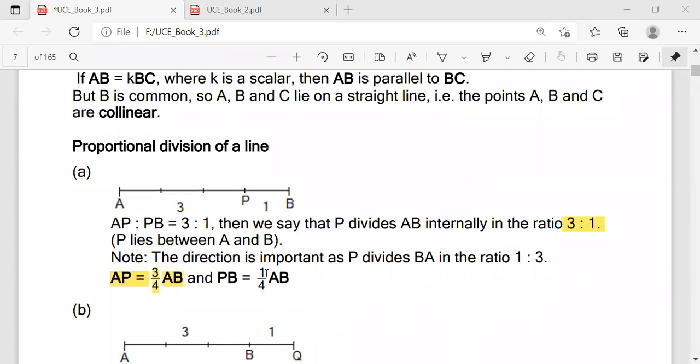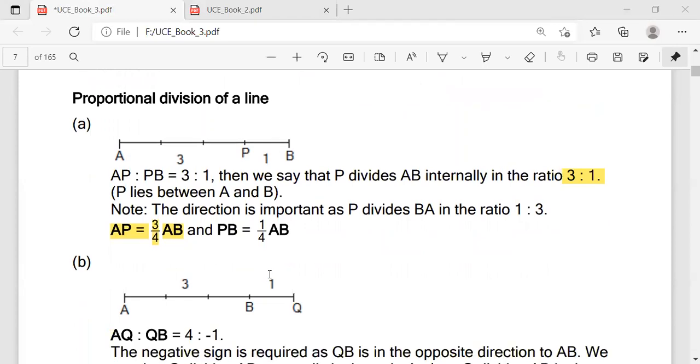All right. So someone can say, what if I say that AP and PB, can't I get the ratio from here and express AP in terms of PB?